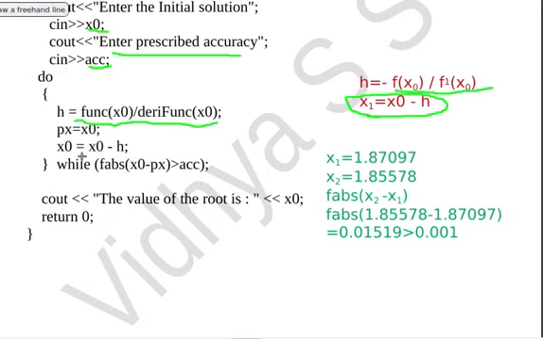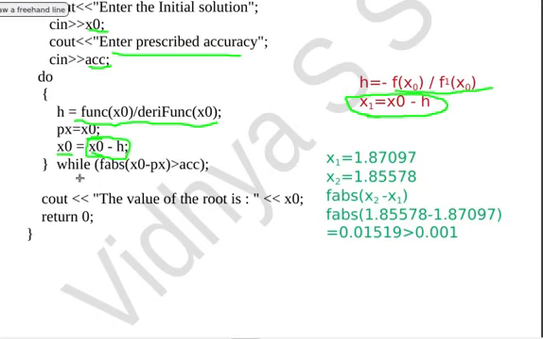And before replacing the new x, I need to preserve the previous x value, since each time I have to check whether it has reached the accuracy level. In order to check the accuracy level, I need to preserve the previous x value. So before replacing the x value, save the x value in another variable, that is px. Px is equal to x0. Then replace x0 with the new value, that is x0 minus h.